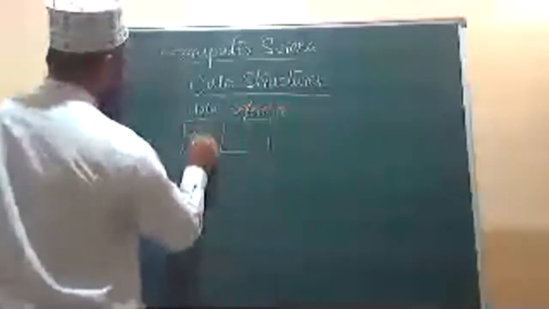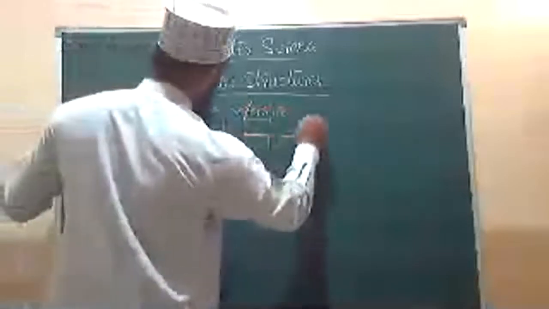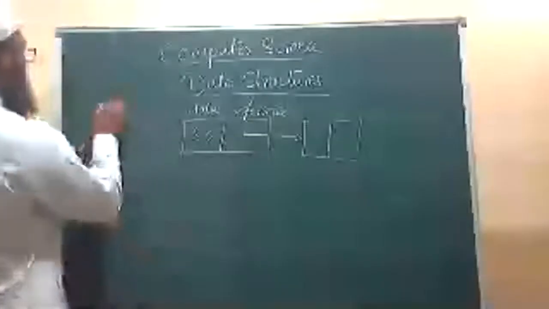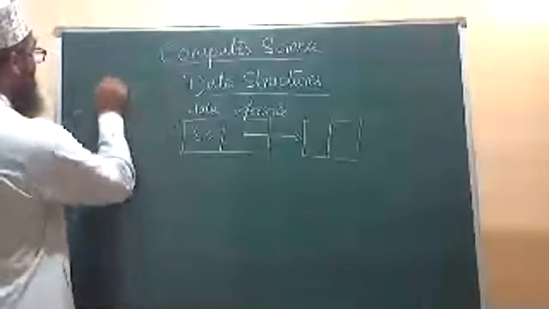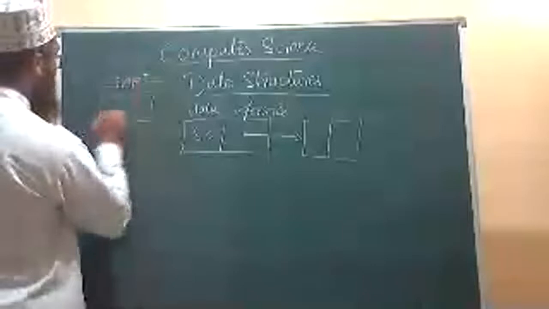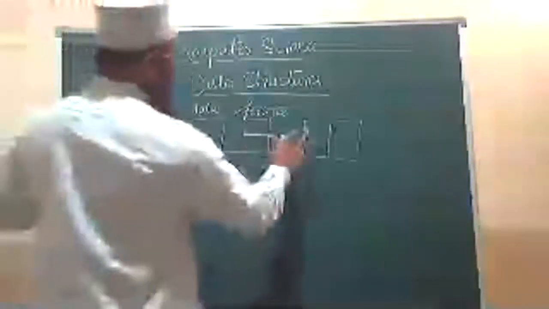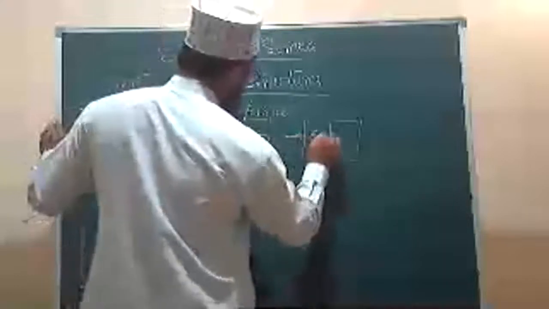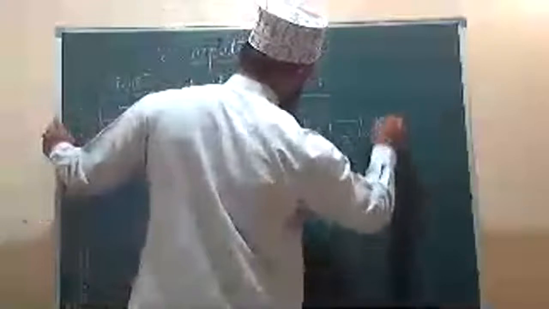It contains its own data, and the reference part will be connected to the next node. It always starts from the pointer called start. This is a pointer, and it is connected to the first node. Then the next node contains its own data in the first part, and this will again be connected to the next node.